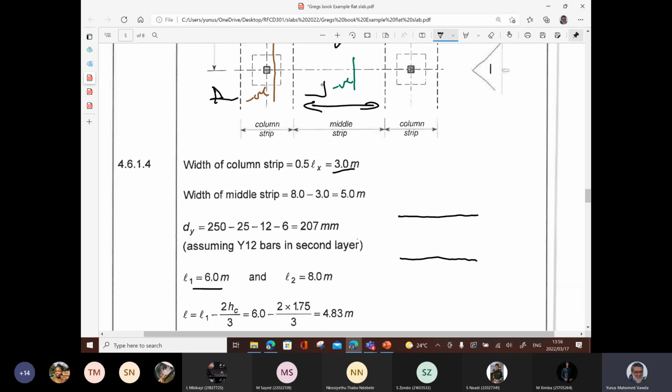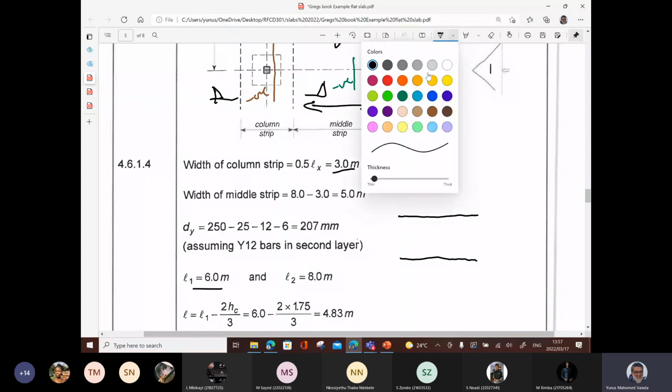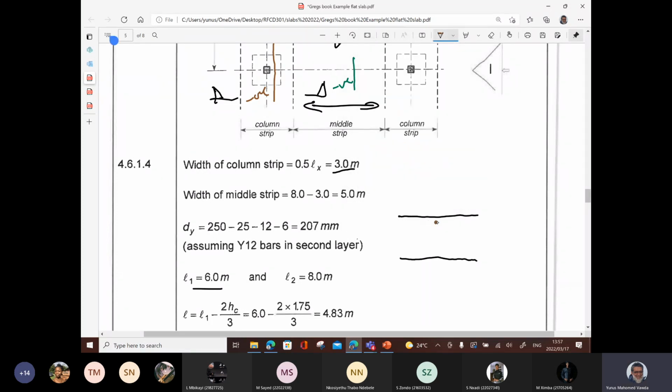For this steel, I'll take the brown one because that's the bar we're referring to. D here, for example, is that because it's a hogging moment.